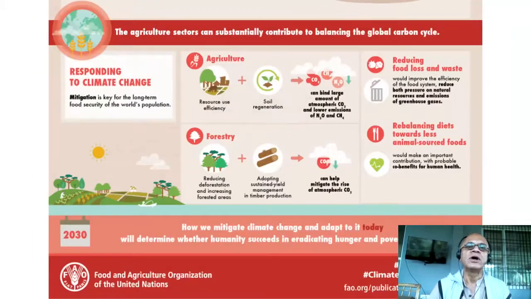Okay. Briefly, the agriculture sectors can substantially contribute to balancing the global carbon cycle. Here, responding to climate change, mitigation is of course key for the long-term food security of the world's population. That's in terms of mitigating climate change and its impacts on agriculture. In terms of agriculture itself, resource use efficiency can reduce its impact on climate.